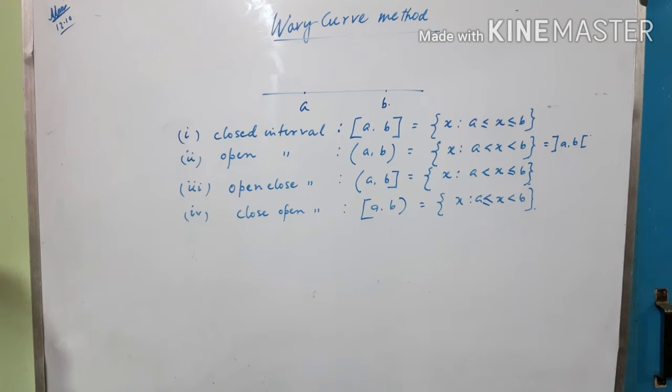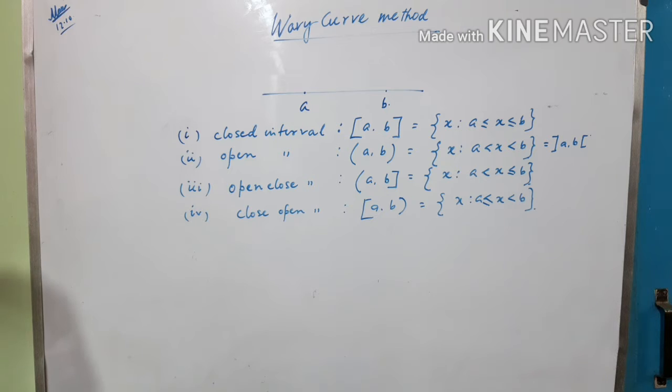In the case of second interval, both the points A and B are excluded. In the case of third one, that is open close, A is excluded but B is included, and in the fourth case, A is included but B is excluded.